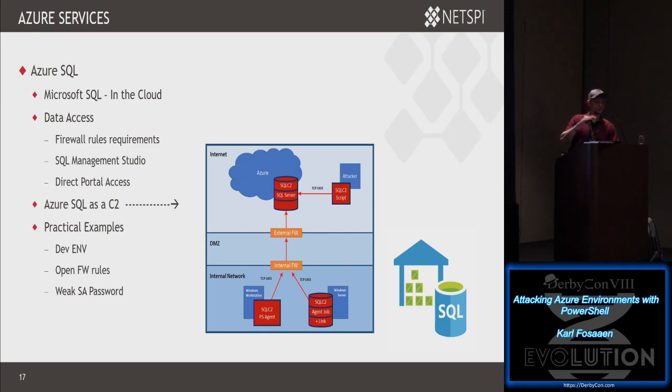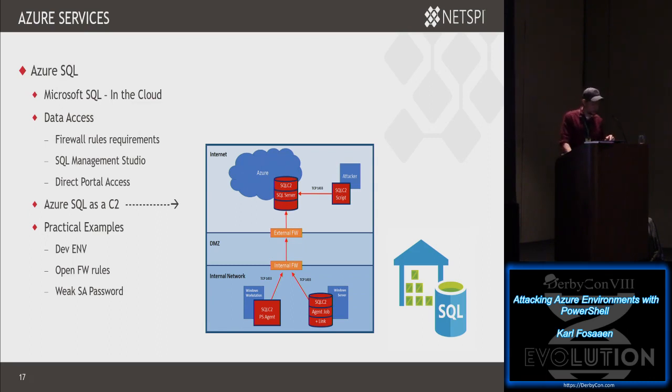By default, Microsoft does lock that down and makes you put exceptions in for your own IP addresses, but we've seen it where people are kind of lazy and want to open it up for multiple different IPs and just open it up everywhere. So some practical examples: we've seen development environments where those SQL servers are available, with open firewall rules, and you can get in with a weak SA password, something like that. So this can be handy.